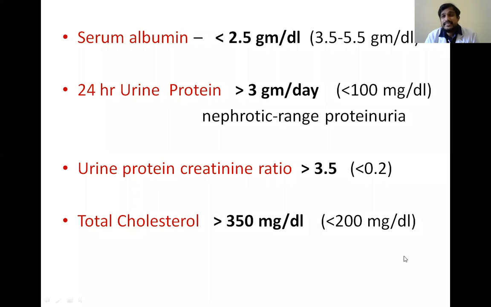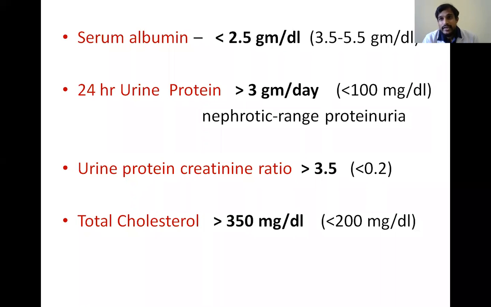Generally, it will be very less than 100 milligram per deciliter. And urine protein creatinine ratio also helps us in the diagnosis of nephrotic syndrome. And total cholesterol, that is hyperlipidemia, if increased beyond 350 milligram per deciliter, it suggests the nephrotic syndrome.